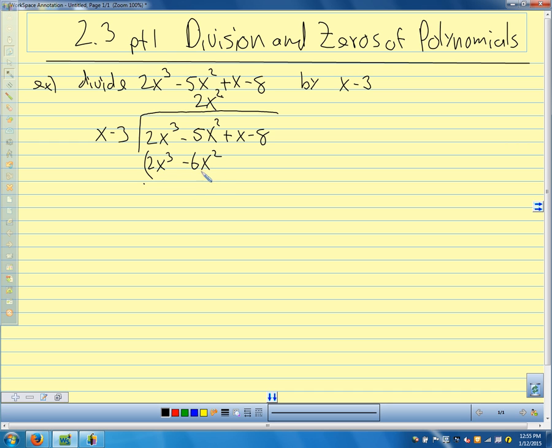Yes? I'm confused when you got 2x squared. I said, what do I need to multiply x by to get 2x to the third? So I know 2x. How come you don't do anything with it? So all we're worried about is that first term.